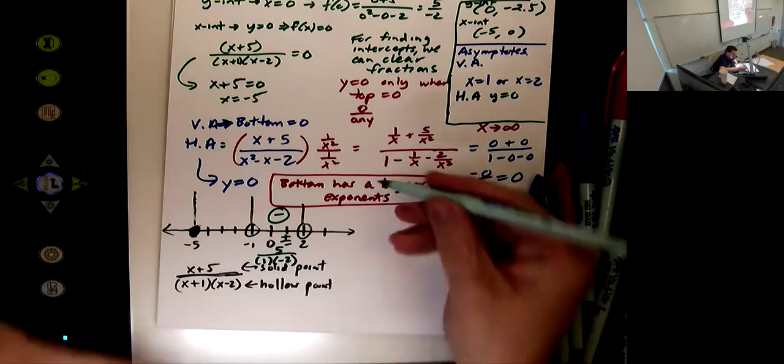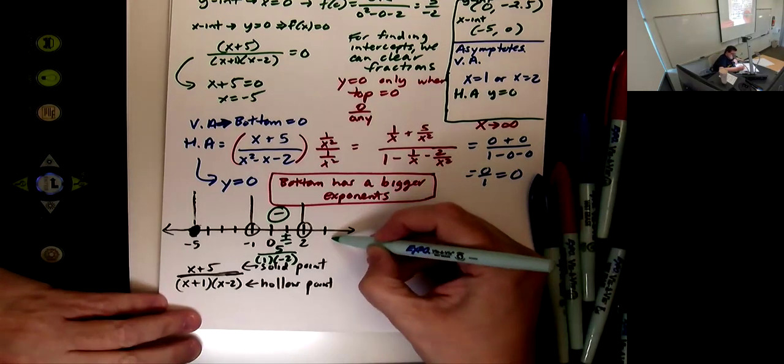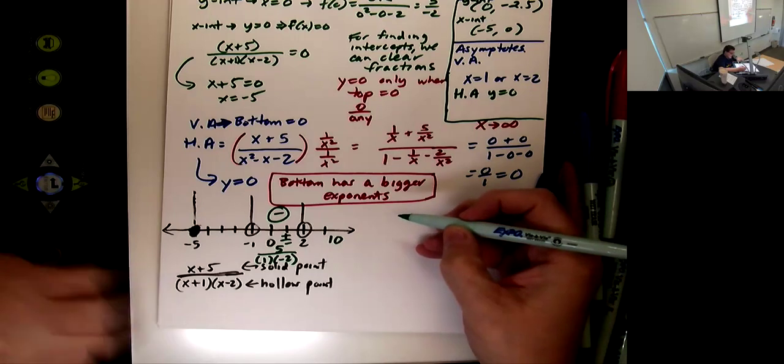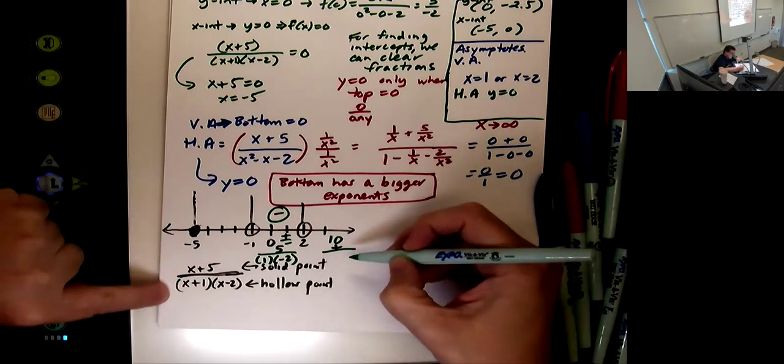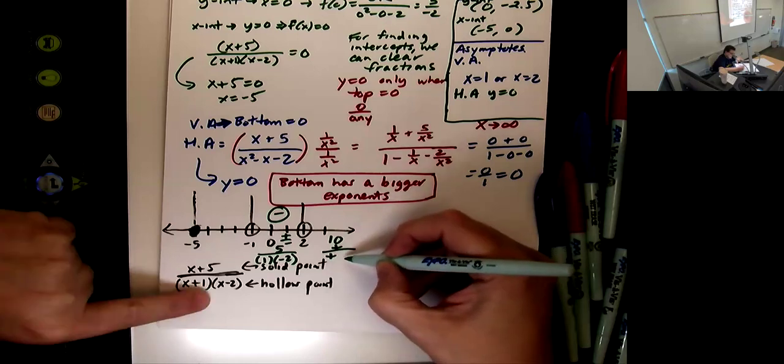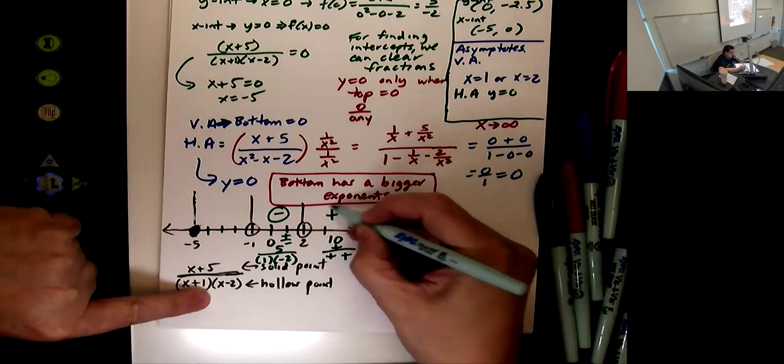All right, now we have to check our other regions. Say I tried 10 over here. 10 plus 5 is 15, that would give me a positive. 10 plus 1 is a positive. 10 minus 2 is a positive. This region is positive.